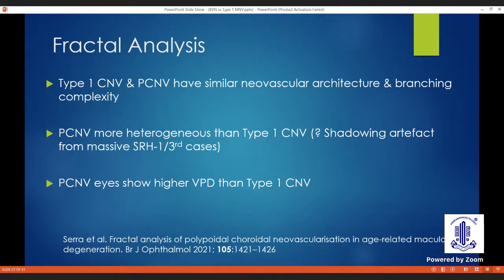The PCNV is more heterogeneous than the type 1 CNV associated with neovascular AMD. But this may also be because of the shadowing artifact from the massive subretinal hemorrhages, which were associated in almost 1/3 of the cases. And PCV eyes also show higher vascular perfusion density as compared to the type 1 CNV.